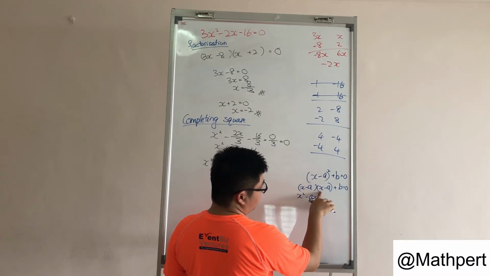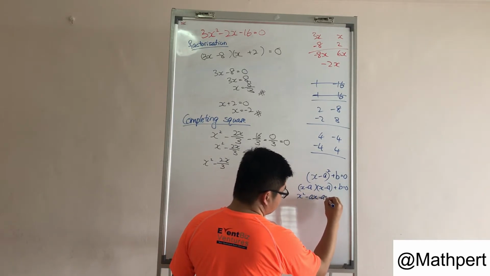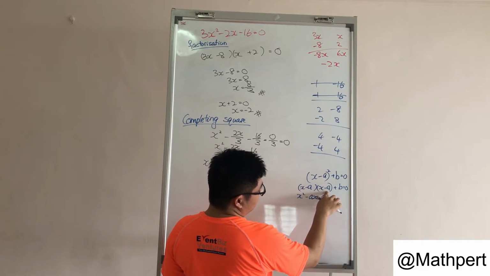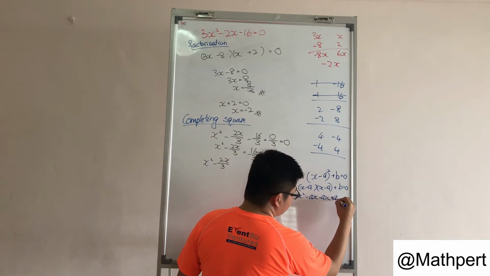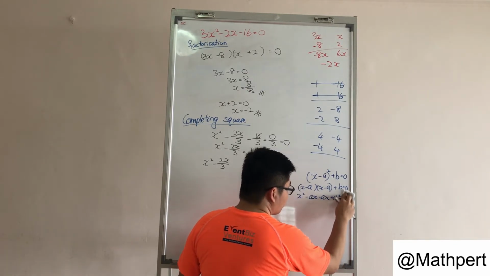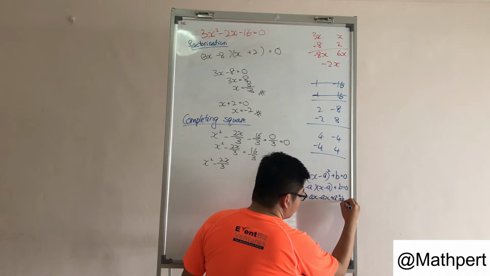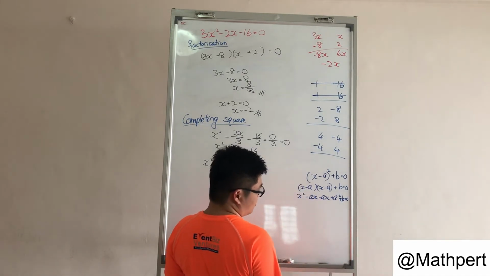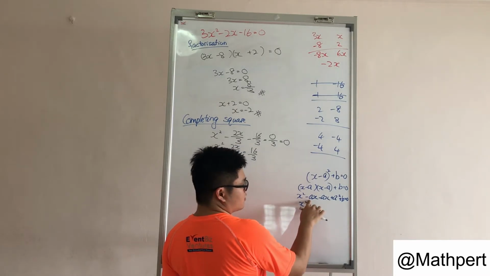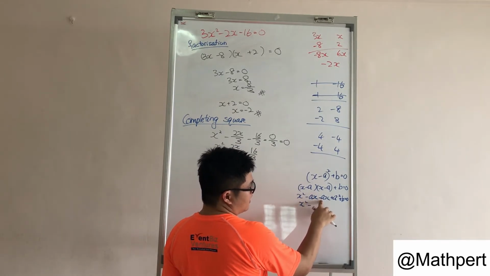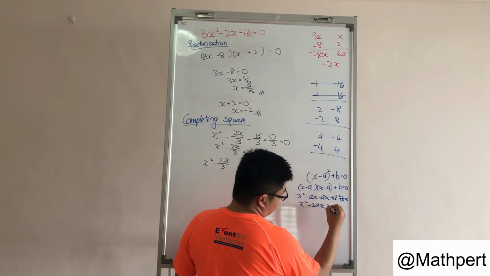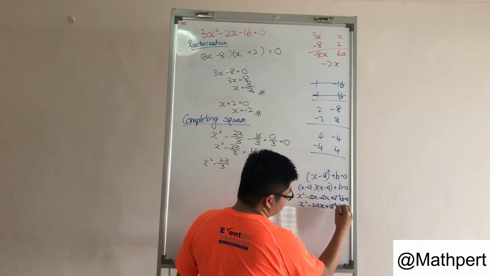Negative a multiplied by x will be negative ax. Negative a multiplied by negative a will be positive a squared, plus b equals 0. So this will be x squared, negative ax minus ax will be negative 2ax, plus a squared plus b.